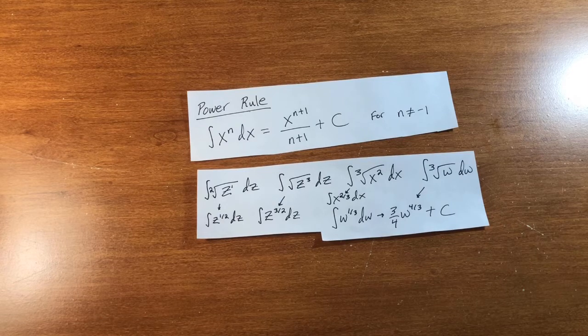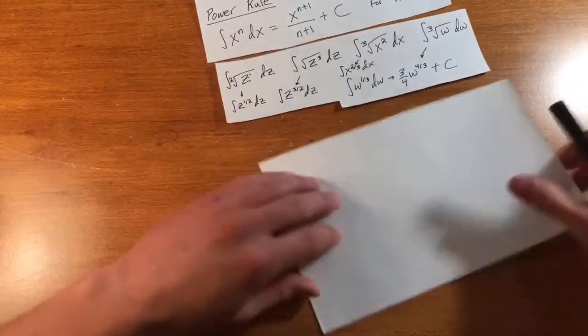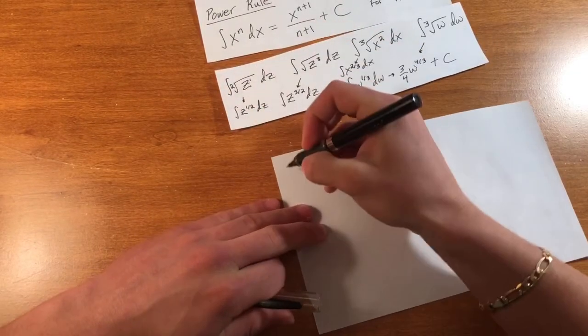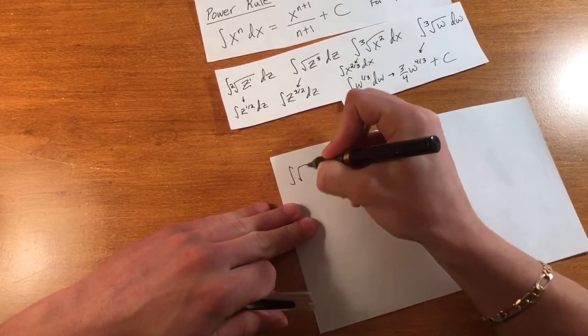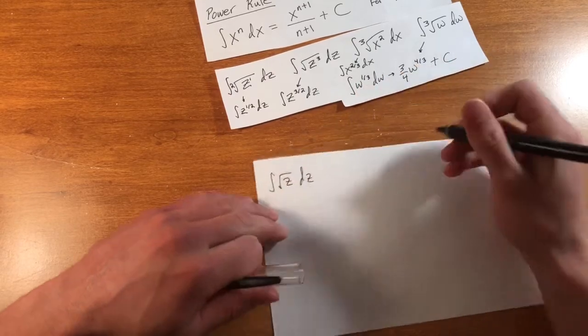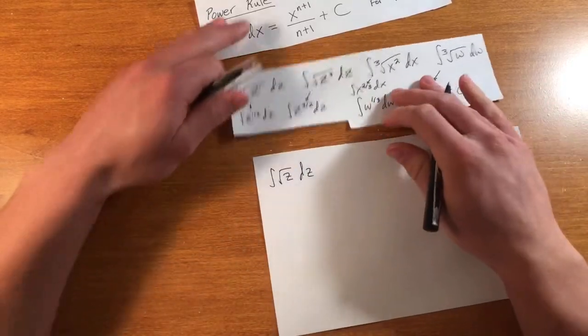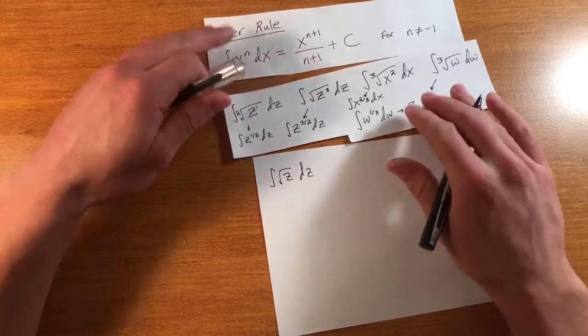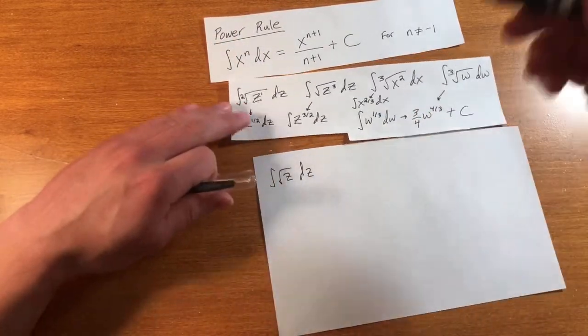All right, so what if we had some examples like this? I'll just rewrite it here. For this one, I have the integral of the square root of z dz. Basically, I want to rewrite these so I have my variable raised to some number.